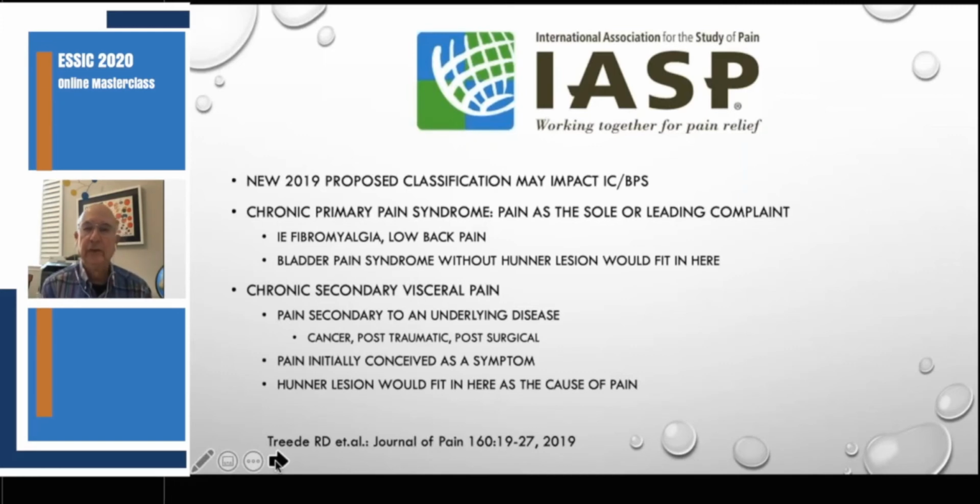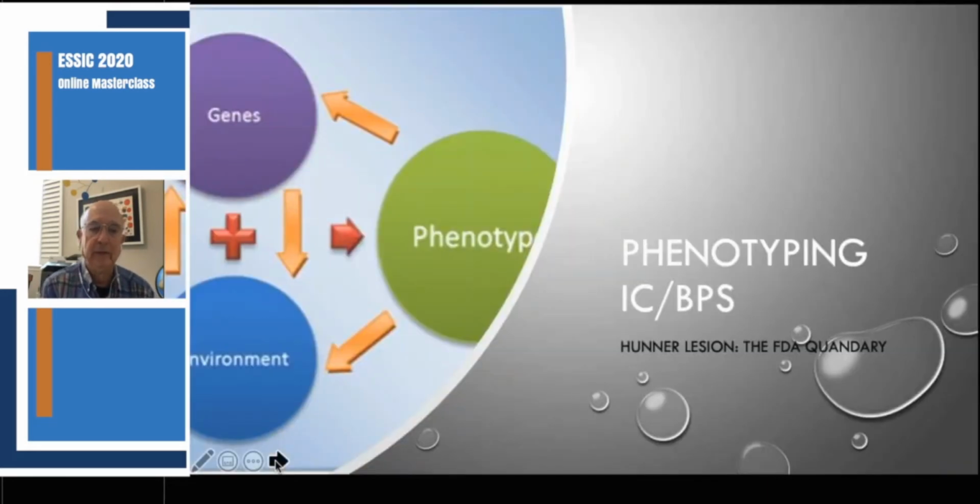So this is the first inkling that there may be a difference between Hunner lesion interstitial cystitis and bladder pain syndrome. And that segues nicely into phenotyping of interstitial cystitis bladder pain syndrome, where we look further at the Hunner lesion and the quandary as a result of a recent FDA draft guidance.